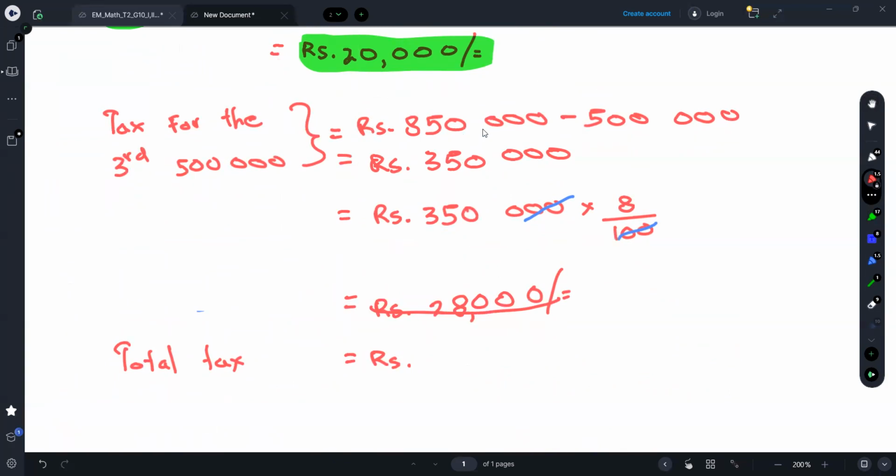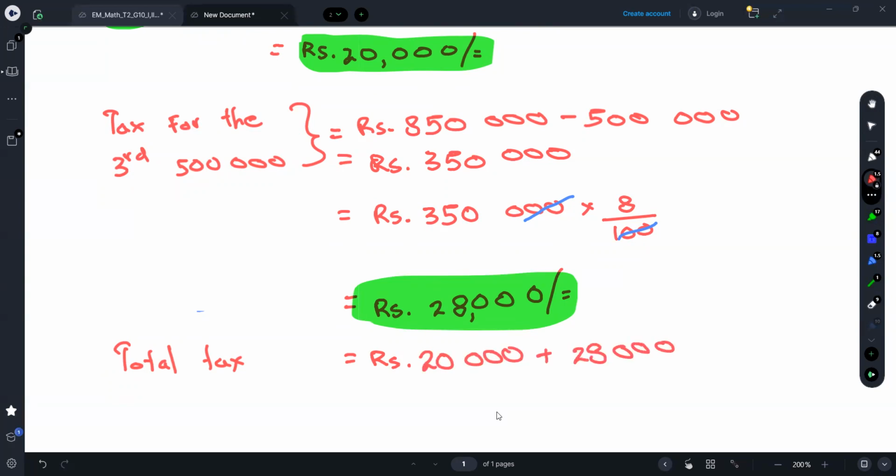Then total 20,000 plus 28,000, 48,000. Okay, only the tax.